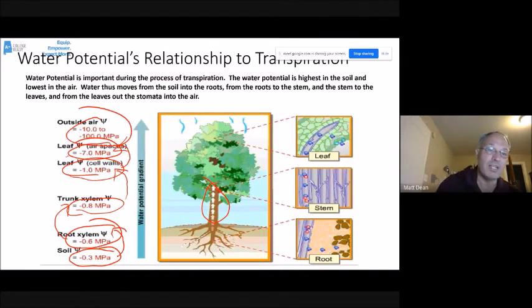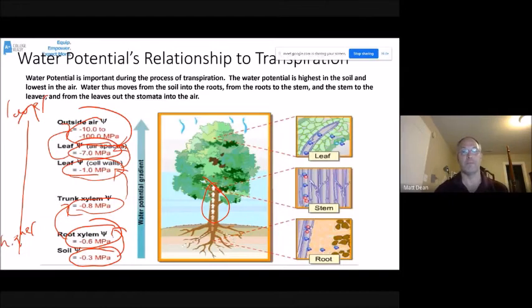So water moves from inside the leaf out to the air around it. So all the way through the process of transpiration, water is moving from higher water potential down here to lower water potential up here. So water potential is one of the main driving forces that moves water from soil into plant, up the plant, and out into the air.